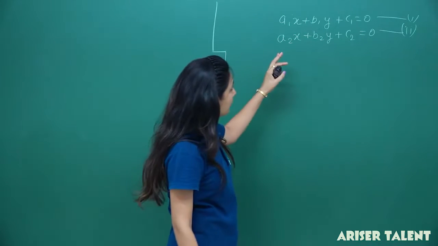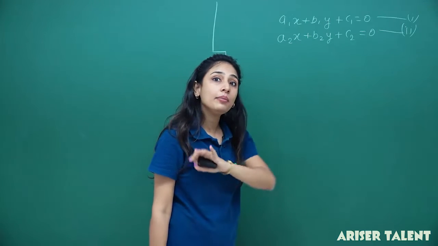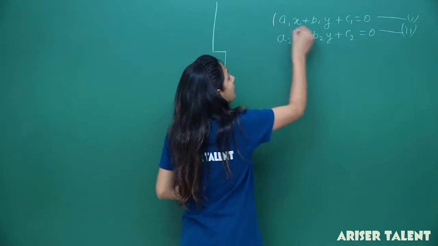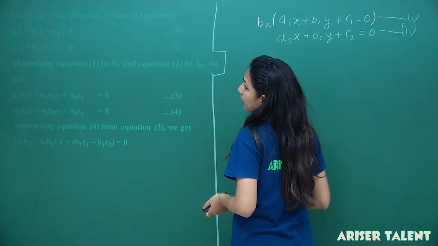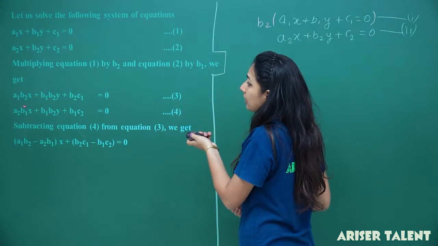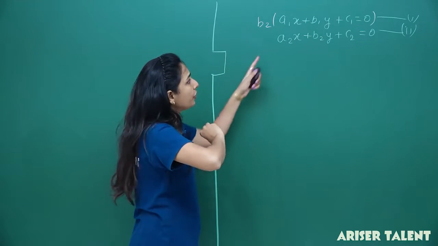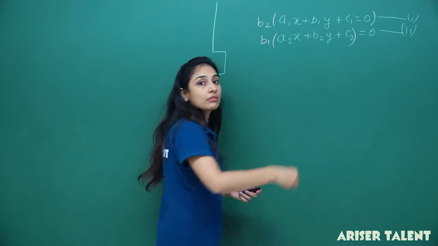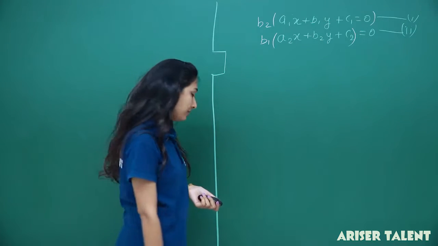Now we are going to multiply equation 1 by b2, and equation 2 by b1.